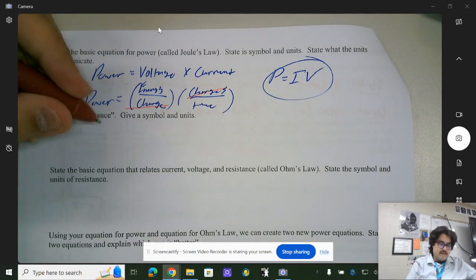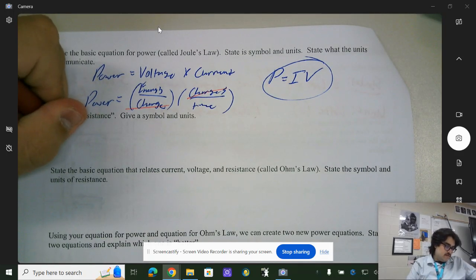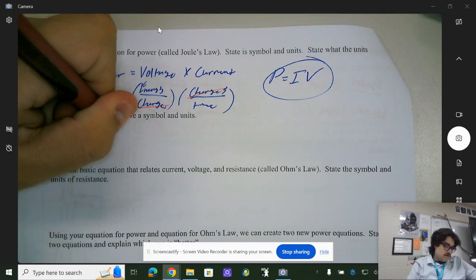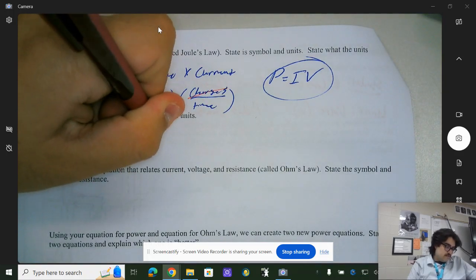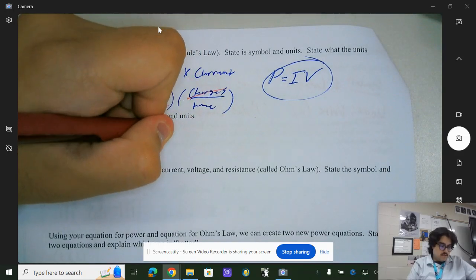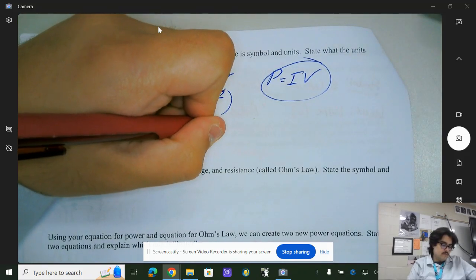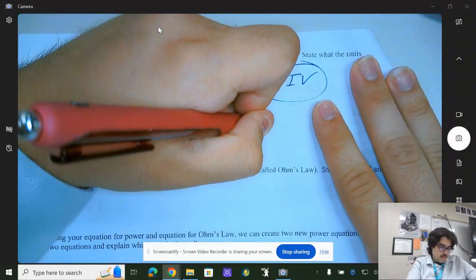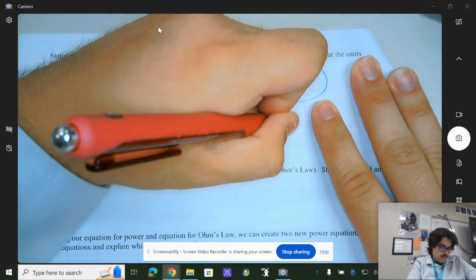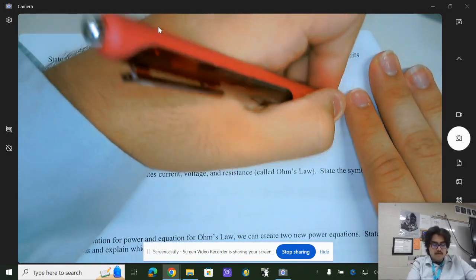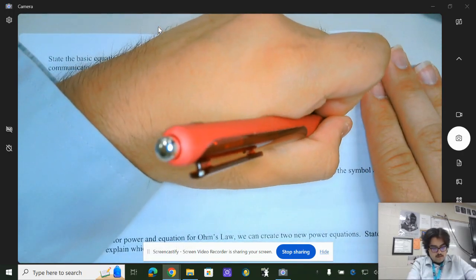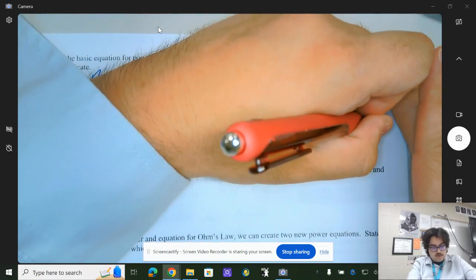Resistance is the ability or the property of an object that makes it difficult for charges to flow through.